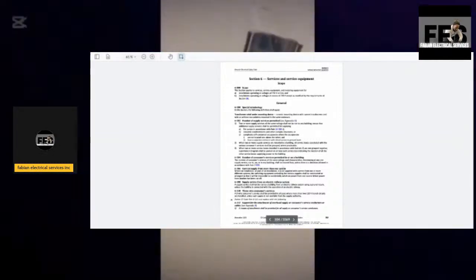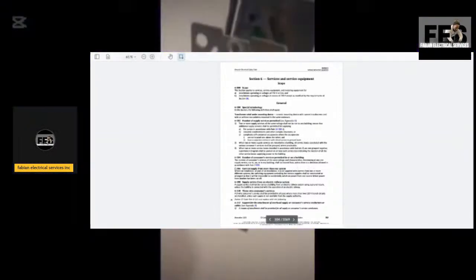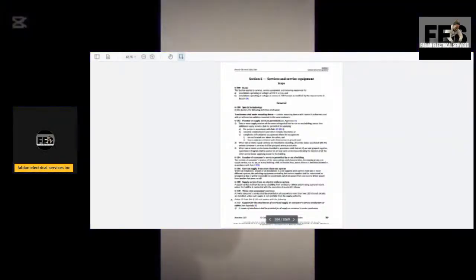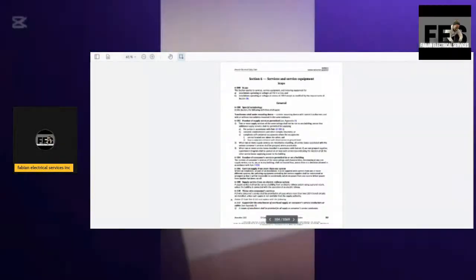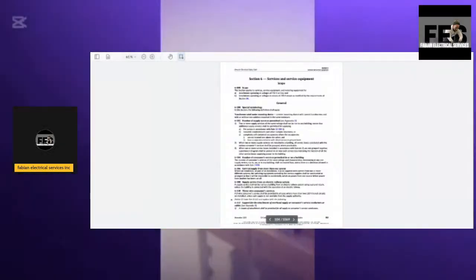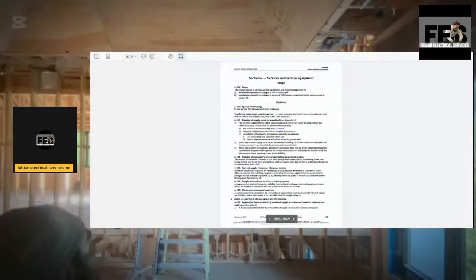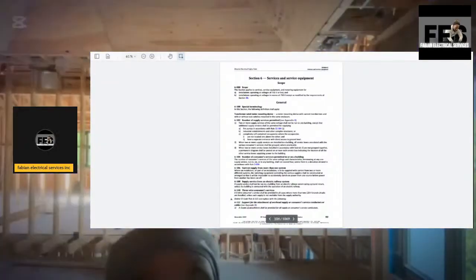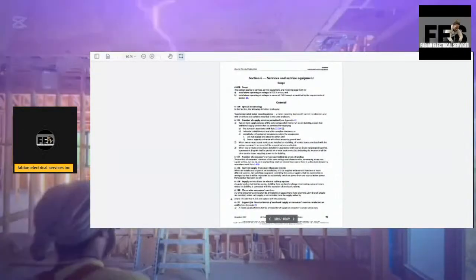Deviation, from my knowledge, I think it means you can override the current rule. I believe that's what it means. I might be wrong.